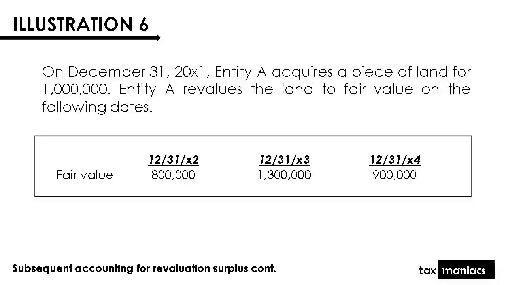Entity A revalues the land to fair value on the following dates. On December 31, 2002, we have a fair value of 800,000. On December 31, 2003, we have a fair value of 1,300,000. On December 31, 2004, we have a fair value of 900,000.